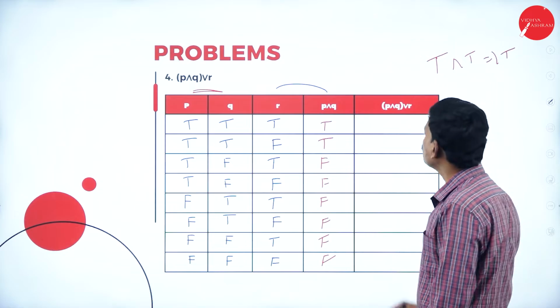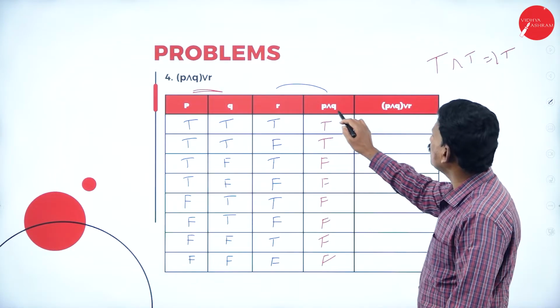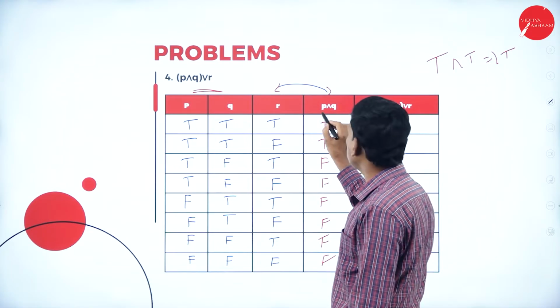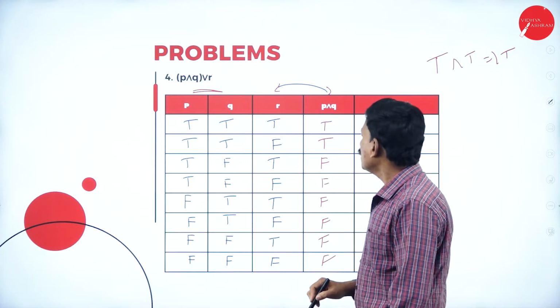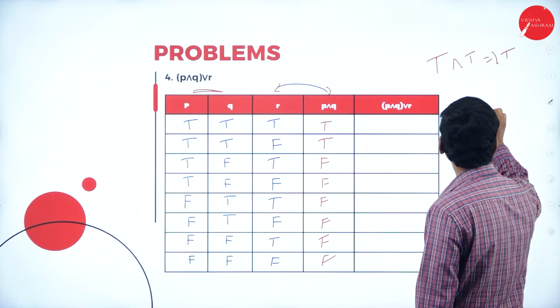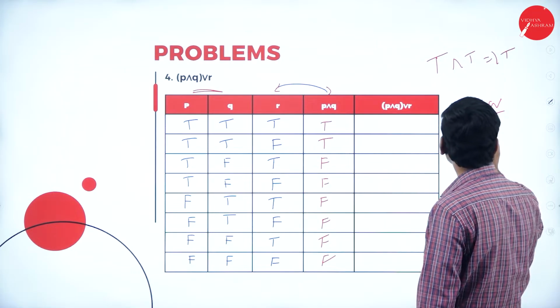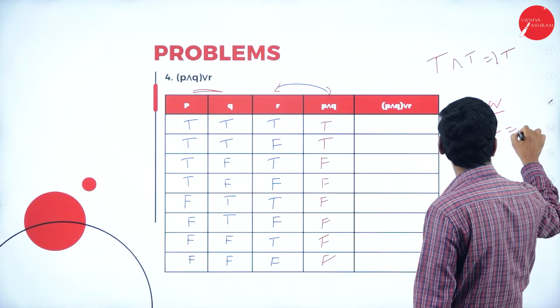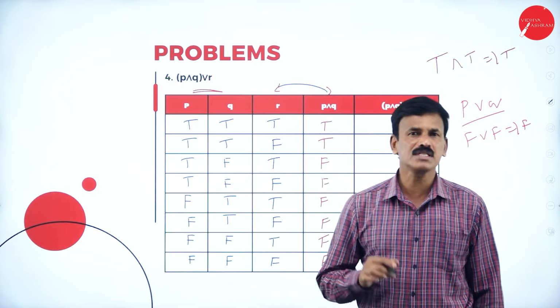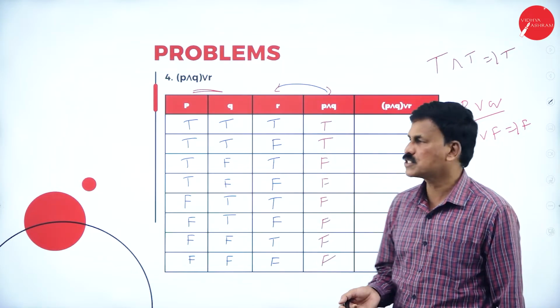Next, the disjunction between P conjunction Q and R. Disjunction means that if both statements are false, then it is false; in other cases it is true.